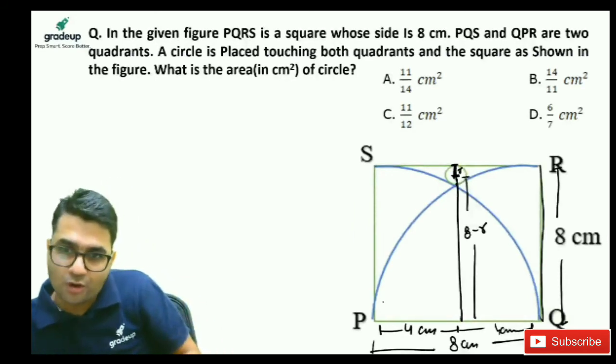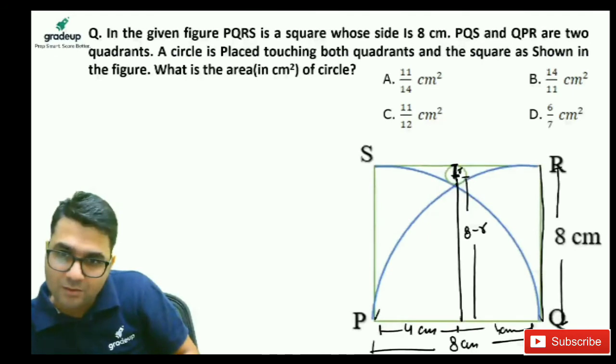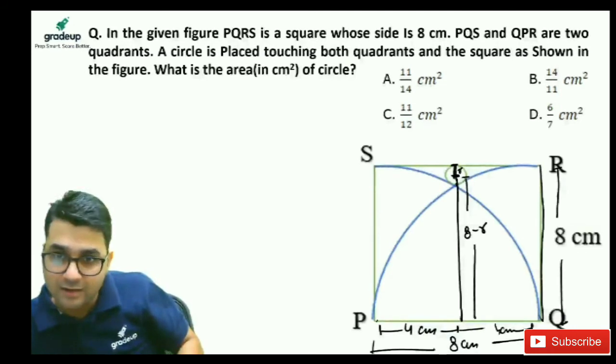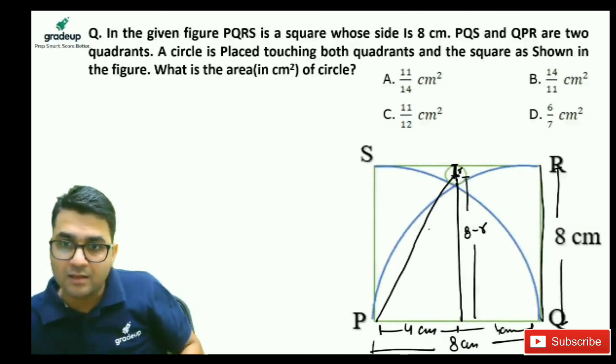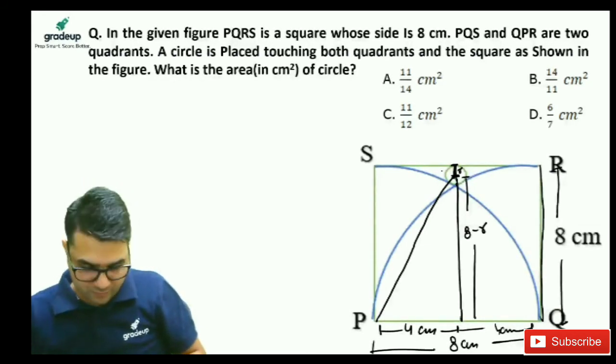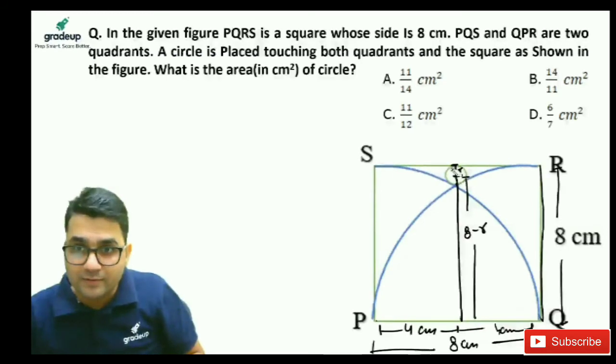Now, joining this vertex with the center of the small circle. This is r.